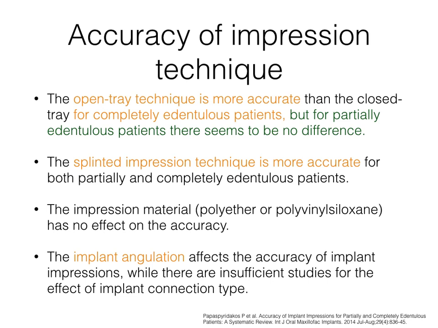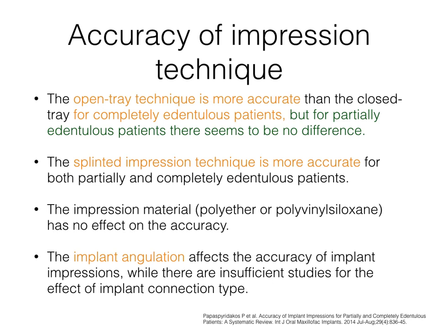However, for partial edentulous patients, meaning you are only doing a single implant restoration, there is no significant difference. So if you want to do a single implant restoration impression, you can use either the open tray or the closed tray technique.